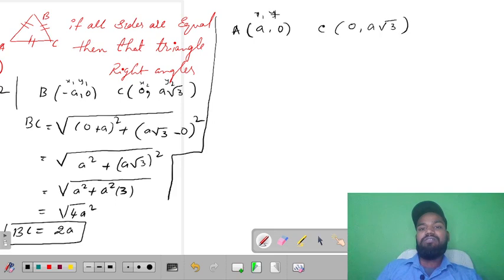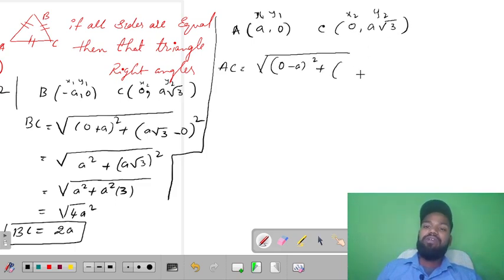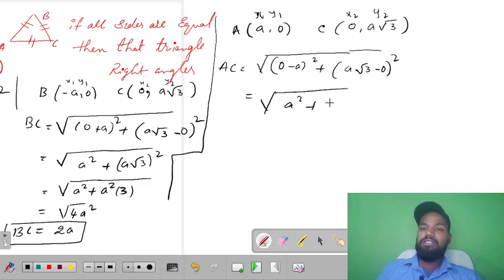This is x1, y1, x2, y2. Now AC equals under root x2 minus x1, that is 0 minus A whole square, plus y2 minus y1, A root 3 minus 0 whole square. So that equals A square plus A root 3 whole square.